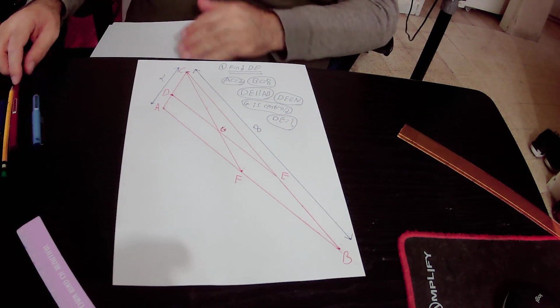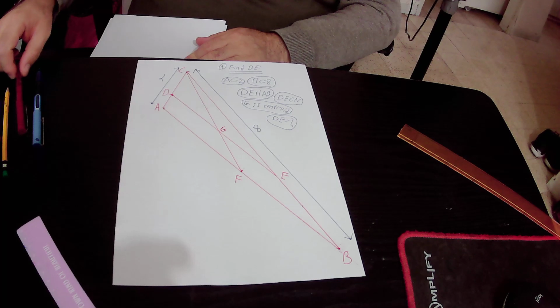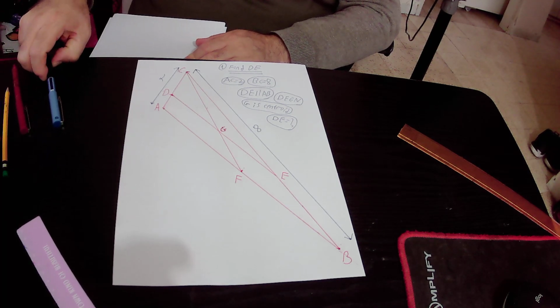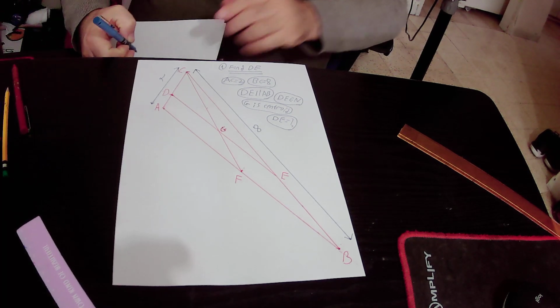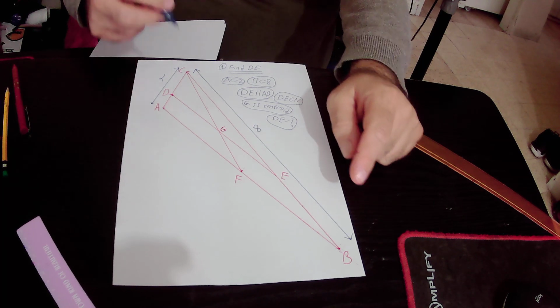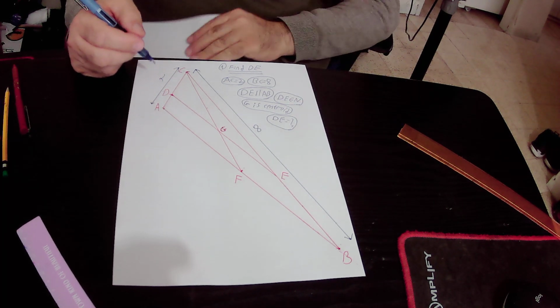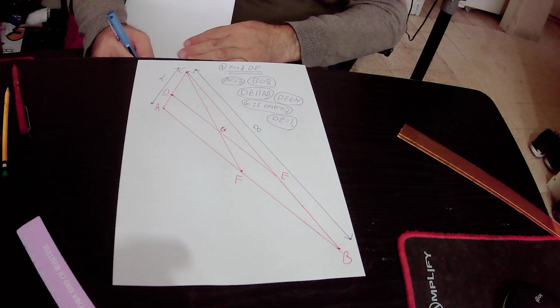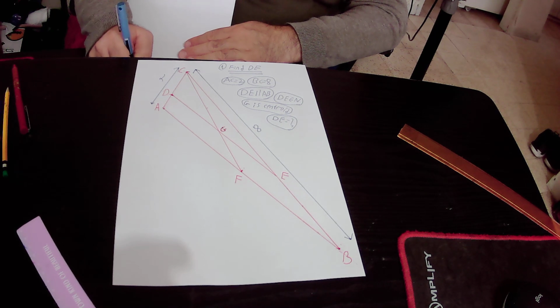Okay, so the median CF bisects the side AB of triangle ABC. That is to say, AF equals FB.